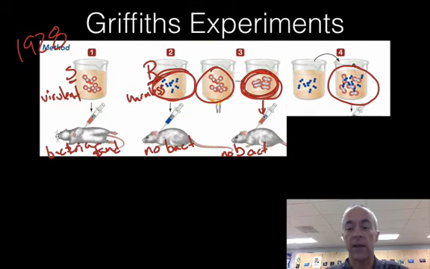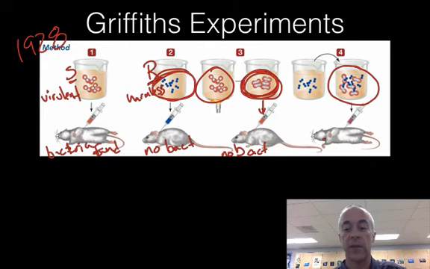And what he found then was that the mice died when they were exposed to them. The live S strain bacteria was found inside the tissues of these mice. So somehow these heat-killed bacteria had transformed these harmless bacteria into virulent bacteria.